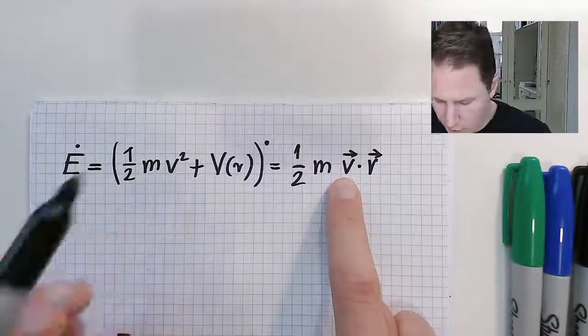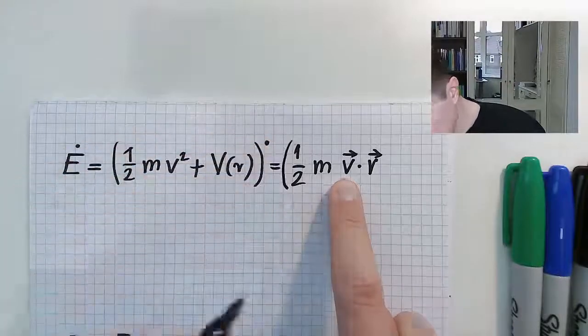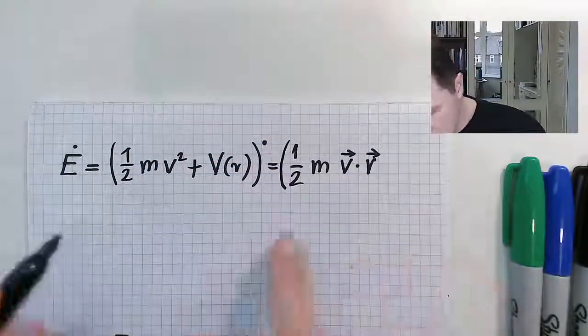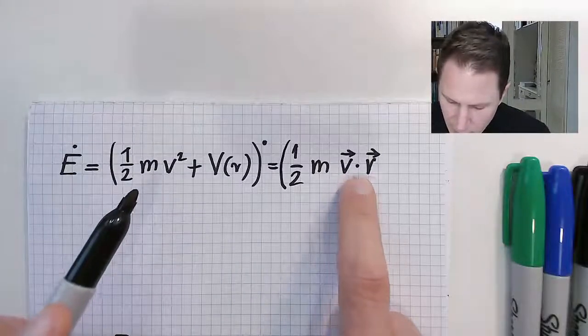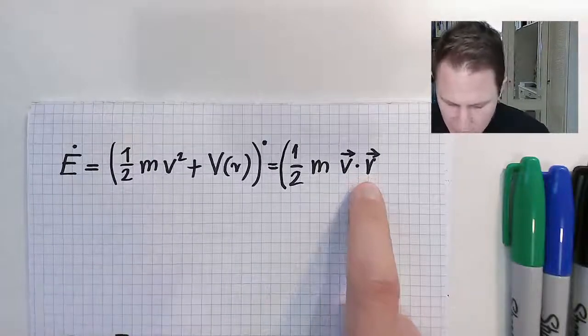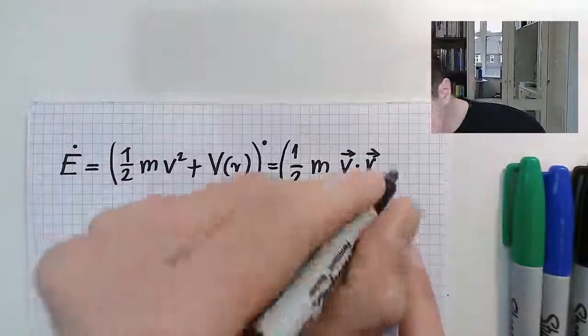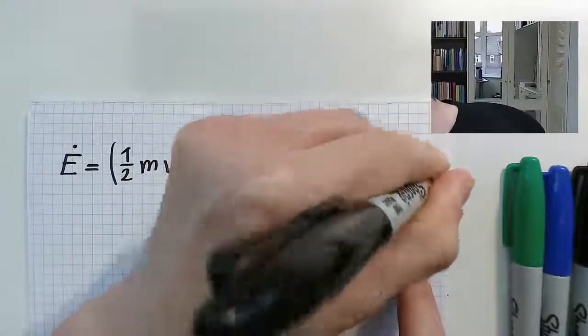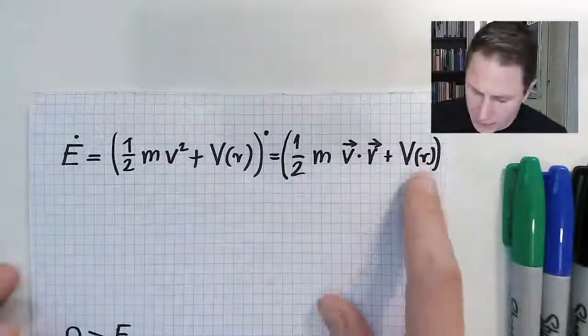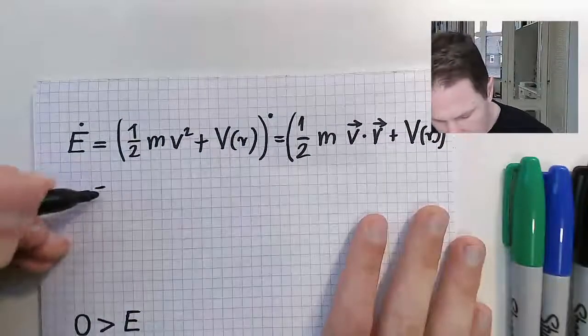If you know your calculation with dot products, you understand that taking the dot product of a vector with itself gives you the length squared. Now to this we add the potential energy, and we want to calculate the rate of change of this thing.